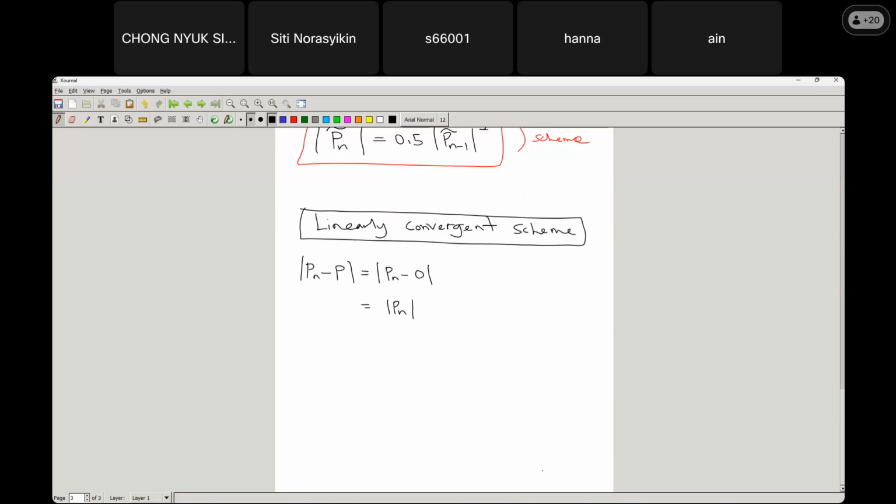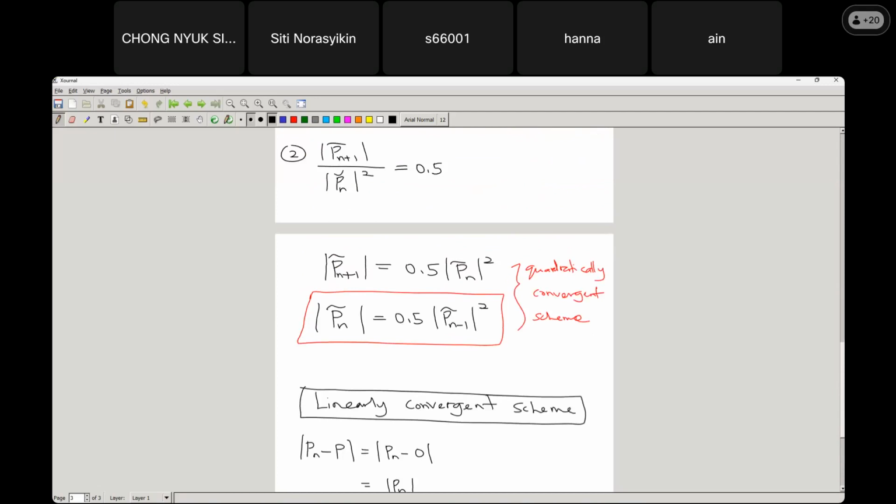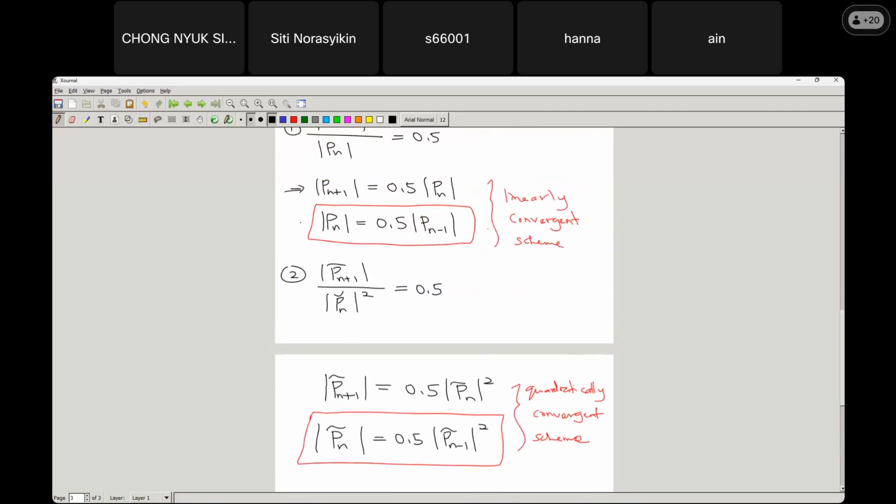This is from the definition of convergence. So what is your Pn? The linearly convergent scheme that we have for Pn is equivalent to this one.